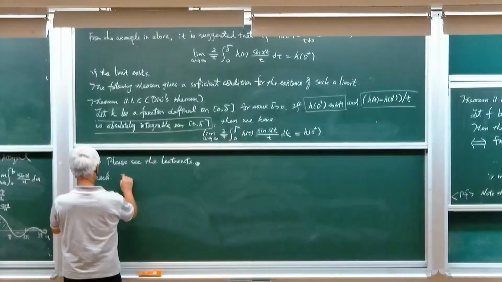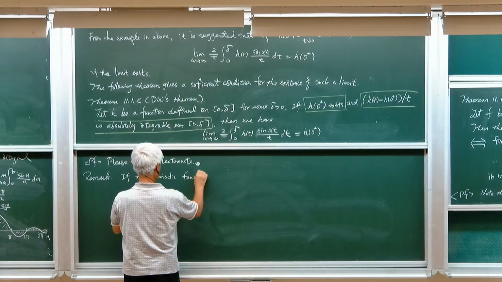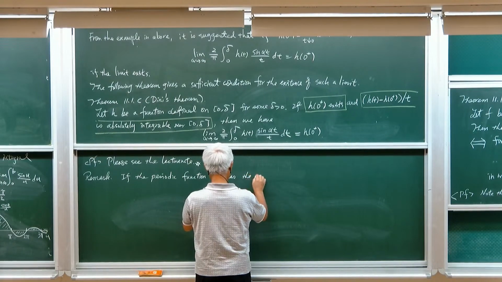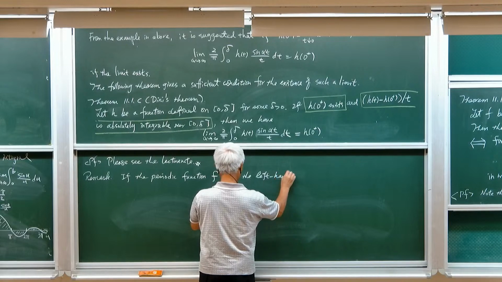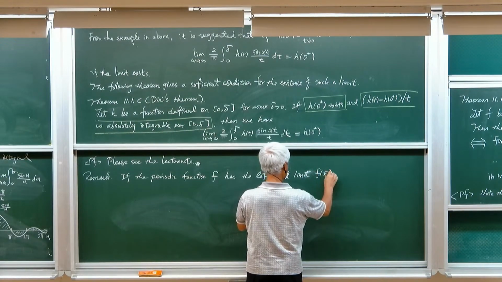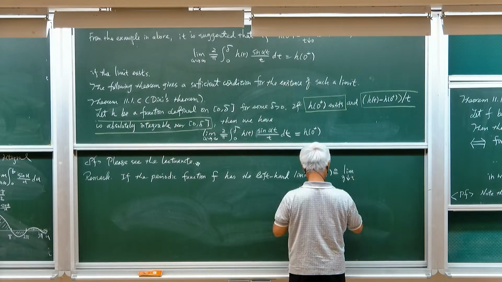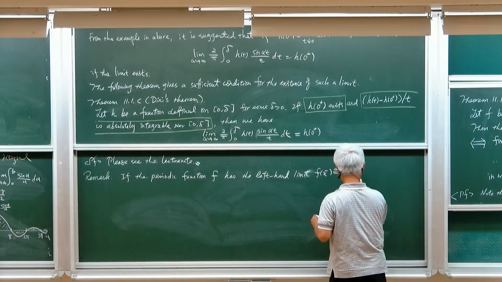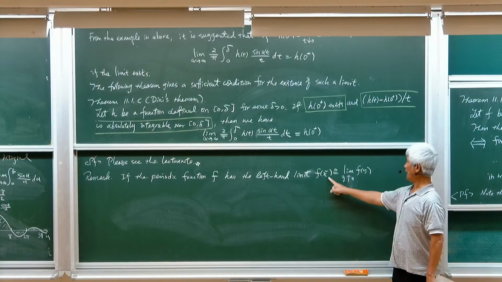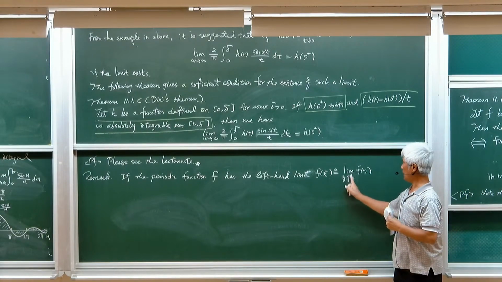So the remark is that if the periodic function f has the left-hand limit, f of x minus, which is the limit as y goes up to x, where y approaches x from the left-hand side, y less than x.